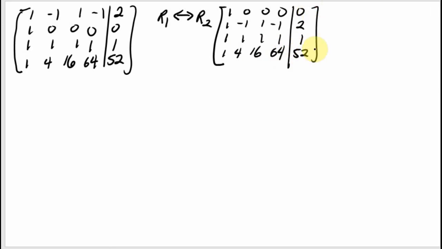Okay. So now we're going to use this 1 to get zeros below it. So we're going to say negative times row 1 plus row 2, negative times row 1 plus row 3, negative times row 1 plus row 4.